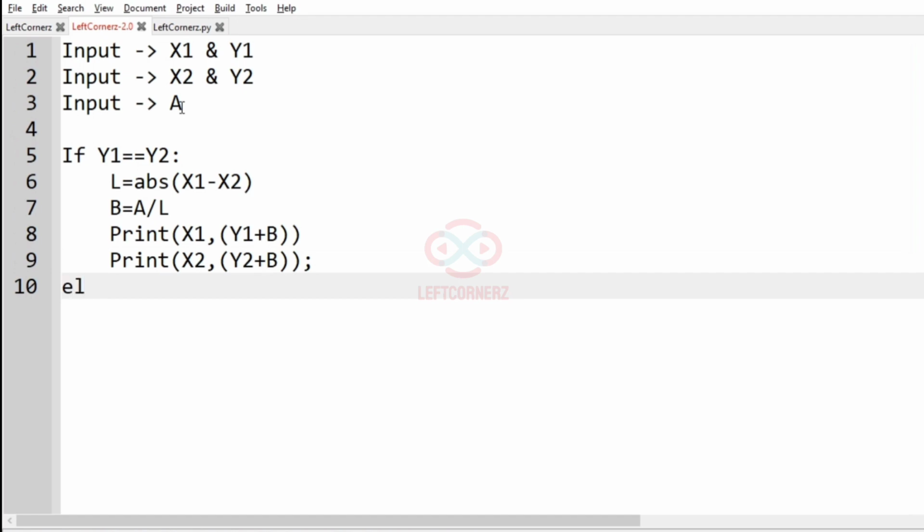Now for the else condition, if x1 equal to x2 means we have to find the breadth.